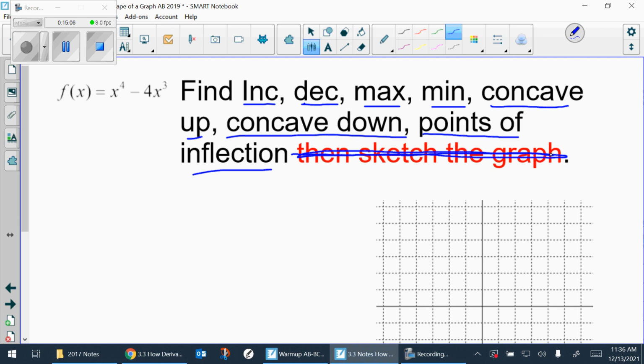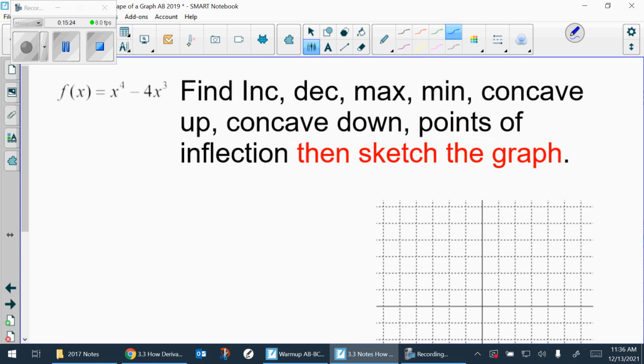But they do get hung up on you finding these intervals of increase, decrease, max, min, intervals of concave up, intervals of concave down, points of inflection. So let's focus our attention on those things. And we're only going to do this one example. We won't do the one on the next slide.